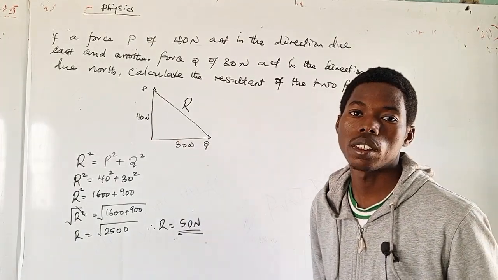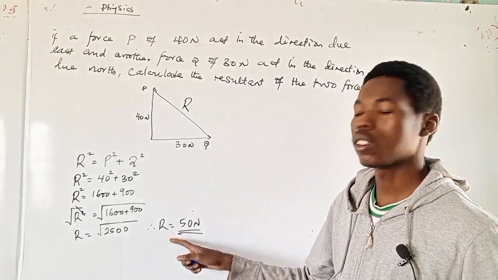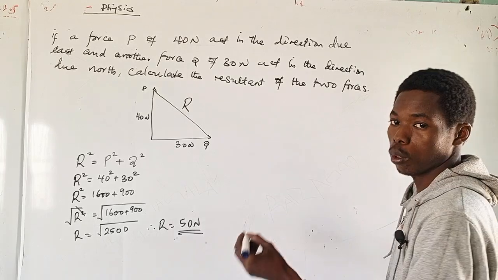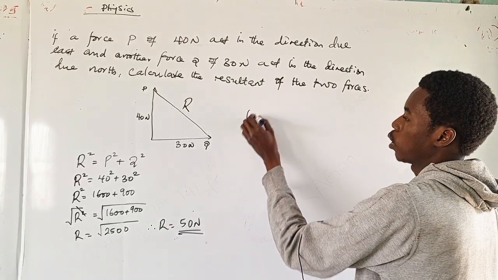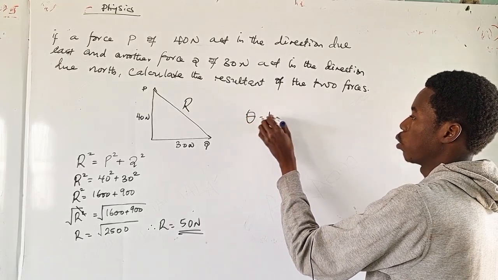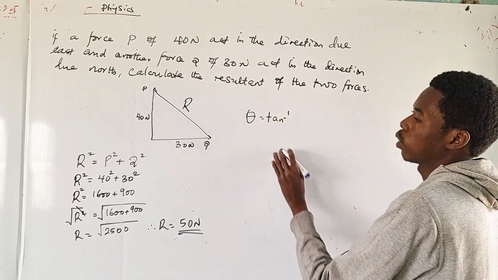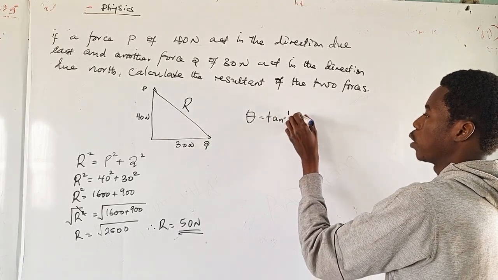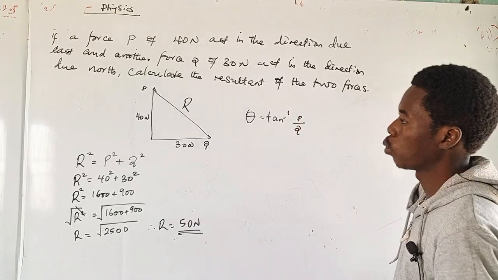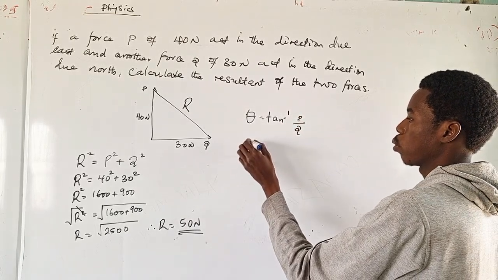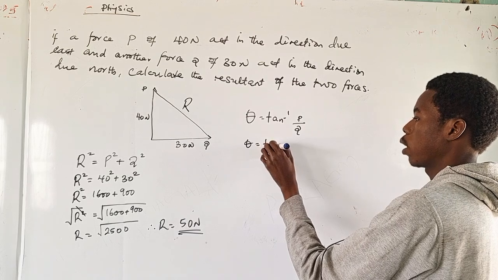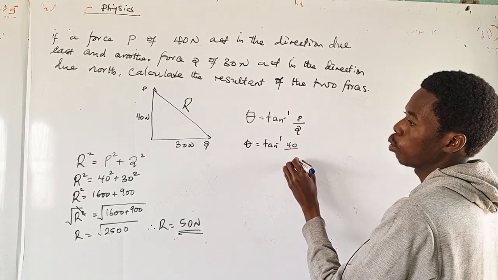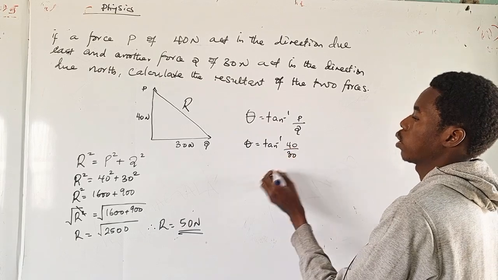So we can also find the direction of this resultant. In order to find the direction of the resultant, we will say theta equals tan inverse of opposite, that is P, divided by Q. So theta equals tan inverse, the value of P is 40 and the value of Q is 30.